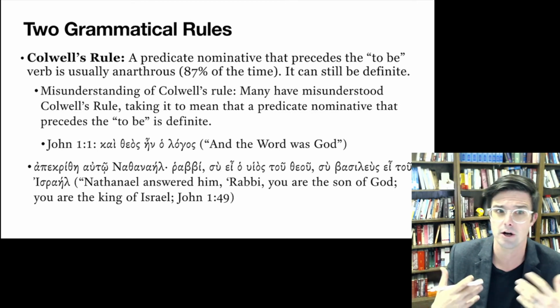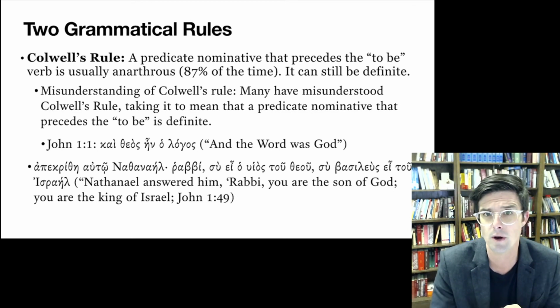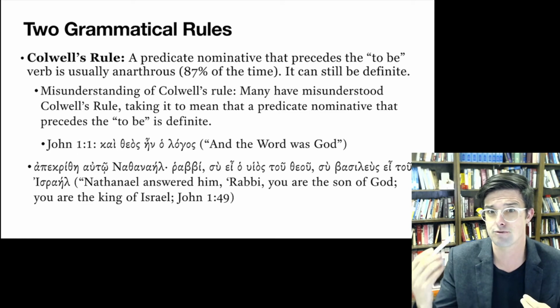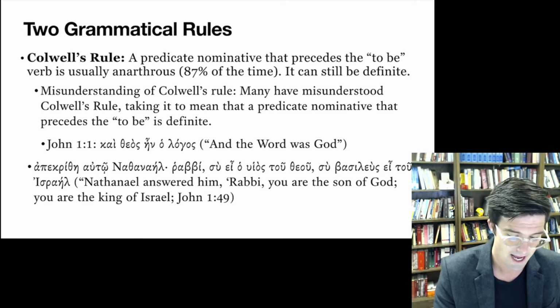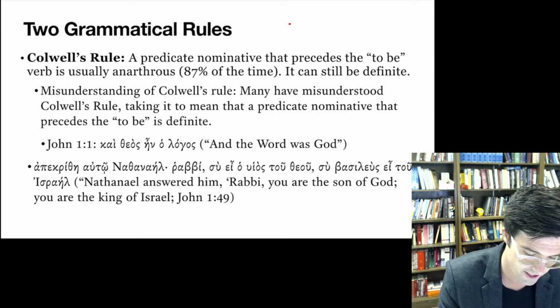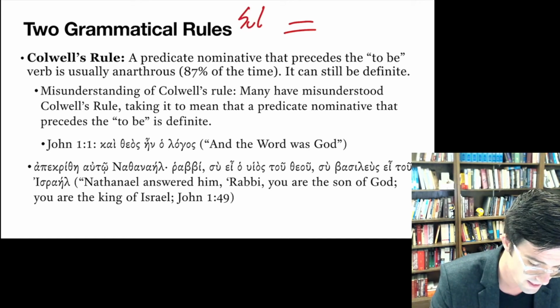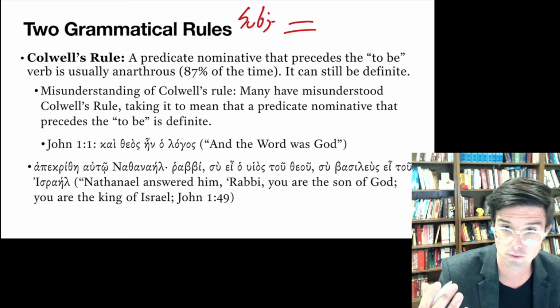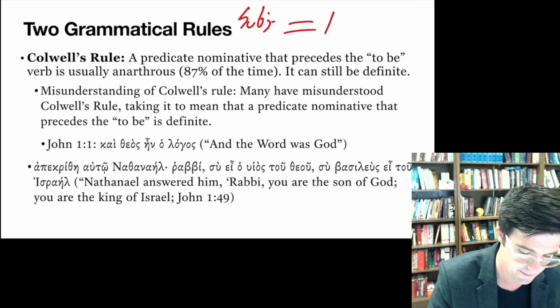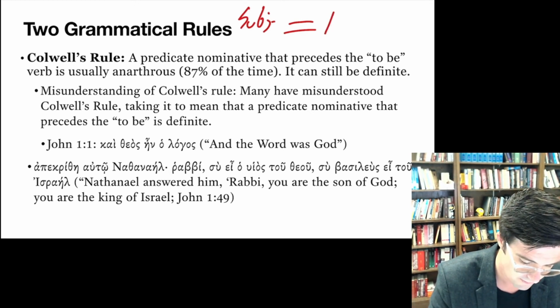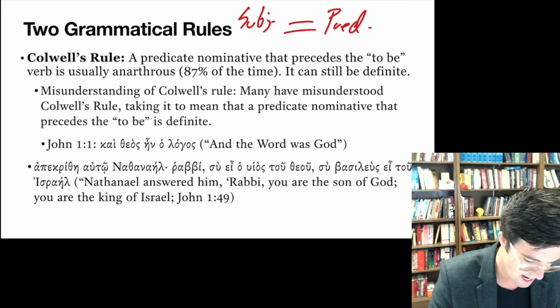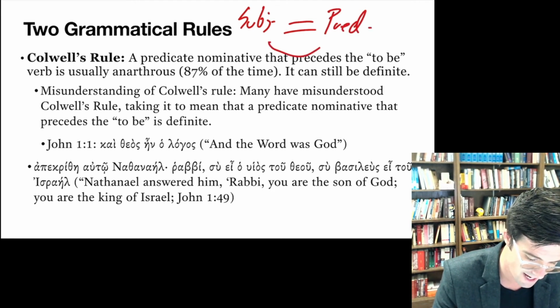So the first one is called Colwell's Rule, and what Colwell's Rule states is that a predicate nominative, that is a nominative with the to be verb, remember the to be verb is sort of like this equal sign, where on one side we have a subject. So when we have two nominatives, one side is the subject, the other side is the predicate, but these can go in either order.